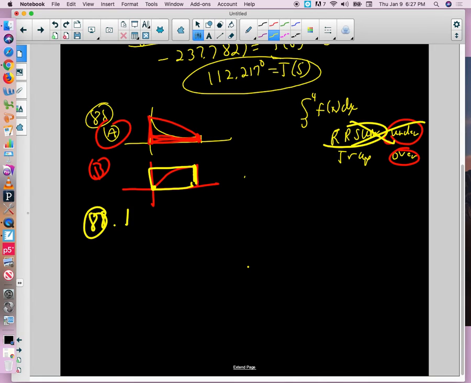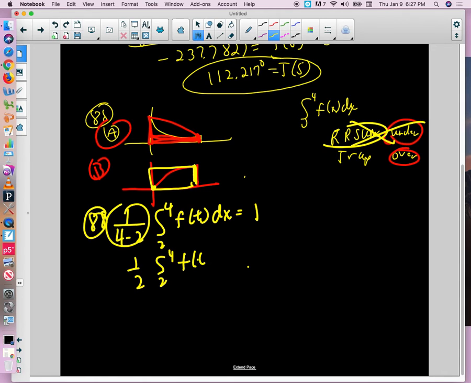All right, so we have something that looks like the average value formula. And they tell me this equals 1. I'm going to be very literal here and work this algebra problem out. I get 1 over 2 times the integral from 2 to 4 of f of t dt is equal to 1.